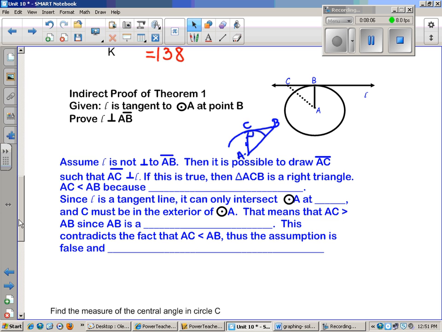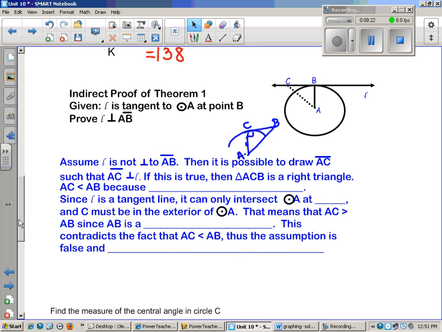And so doesn't that mean that the length of A to C has to be longer than the length of A to B? So it can't possibly be true that AC is less than AB.